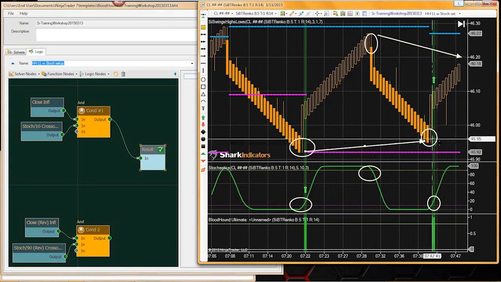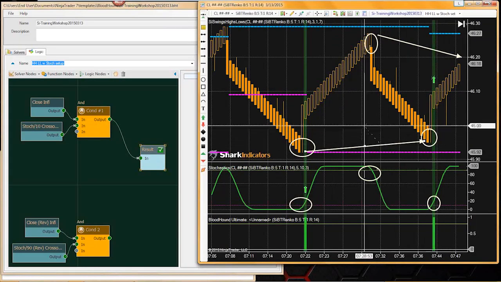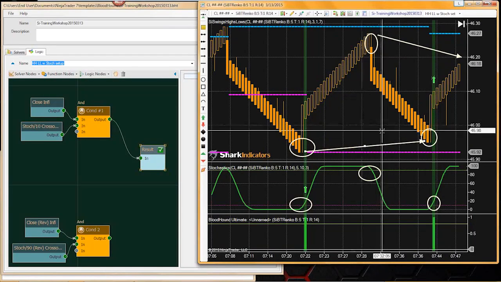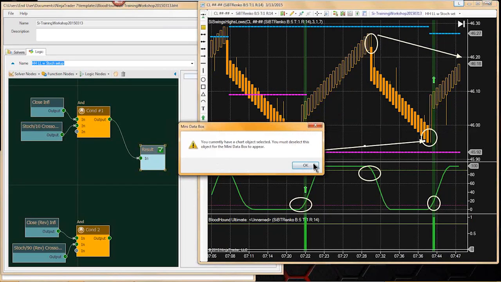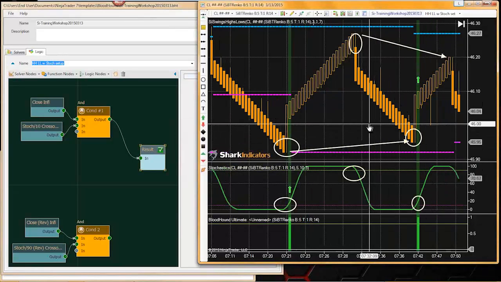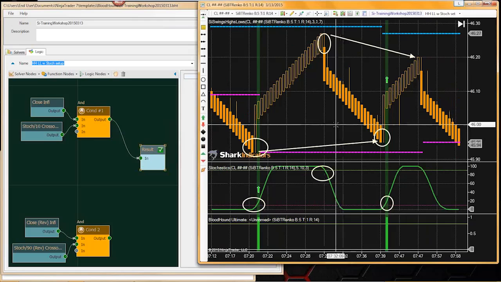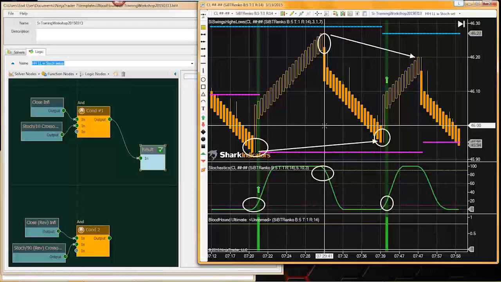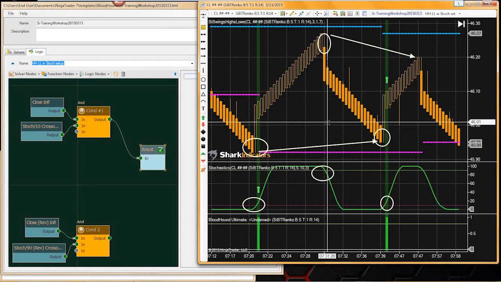So let's build a solver that's going to detect this higher low point here. All right, so I'm just thinking how I'm going to do this.